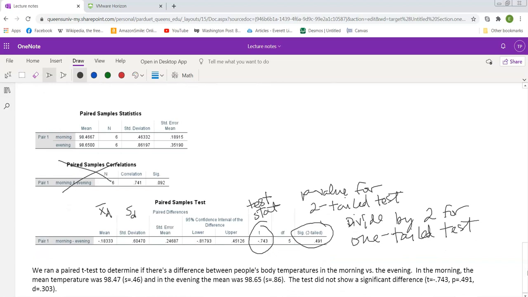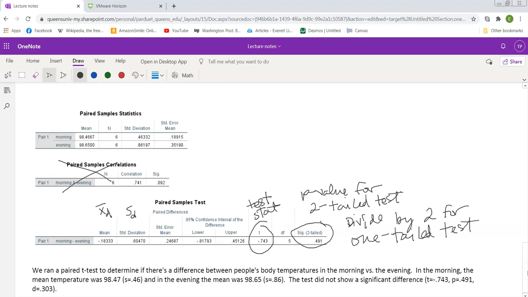I put the effect size in here anyway, just so you'd see what it might look like. So it's the same thing as before. You know, a statement saying what the test is doing, stating the descriptive statistics, if there are any assumptions that you're testing, talk about those, and then talk about your results.